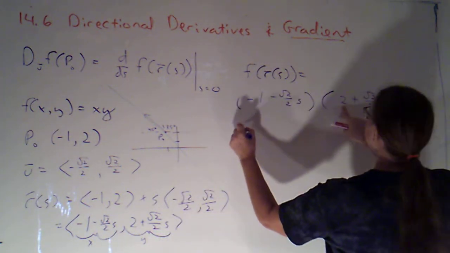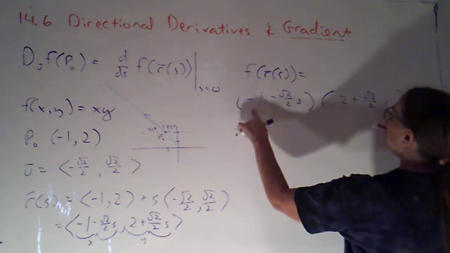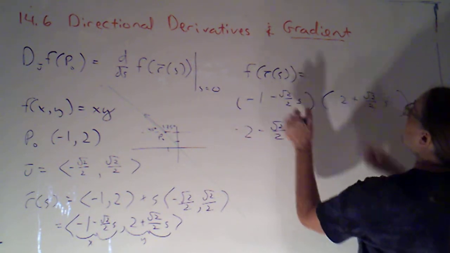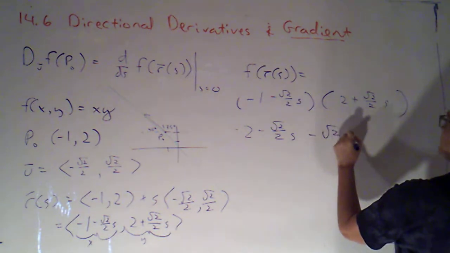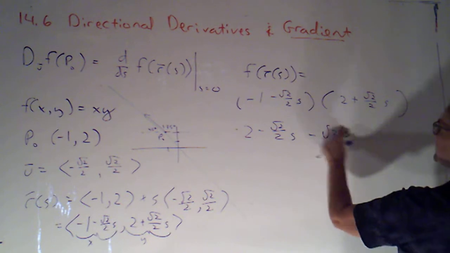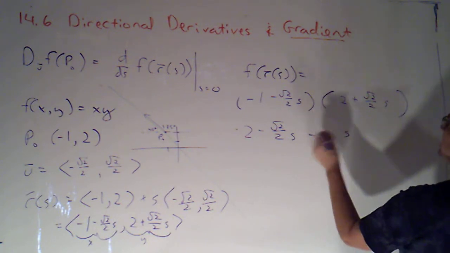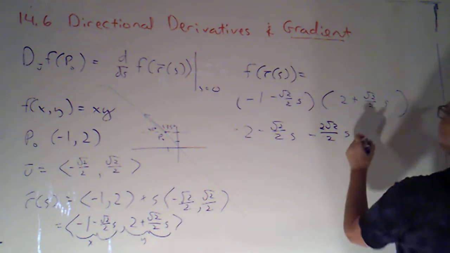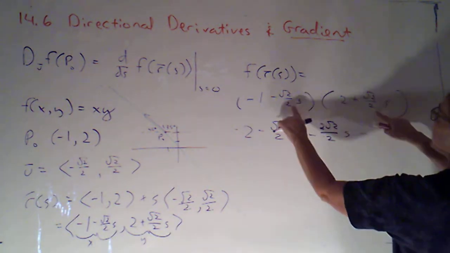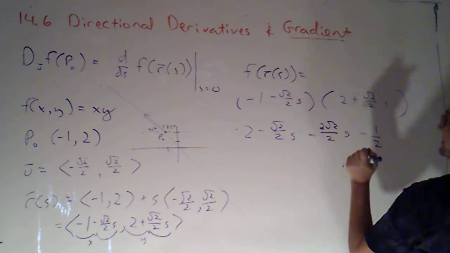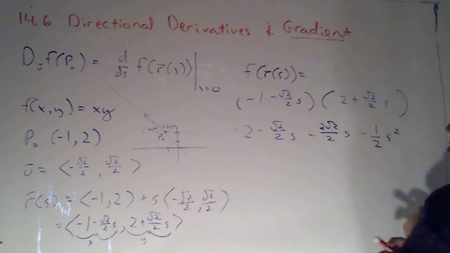This is going to give me a -2 minus root 2 over 2 s minus root 2 s, and actually I'm going to just keep a common denominator because I'm going to want to combine them, so minus 2 root 2 over 2 s, and then minus a 1/2 because it's going to become 2/4 or 1/2 s squared.